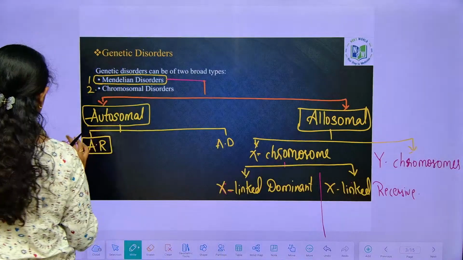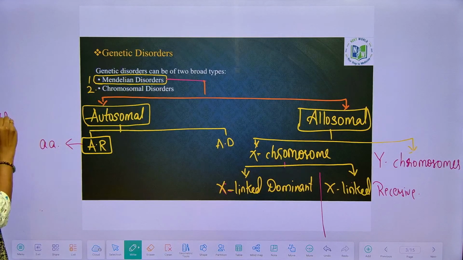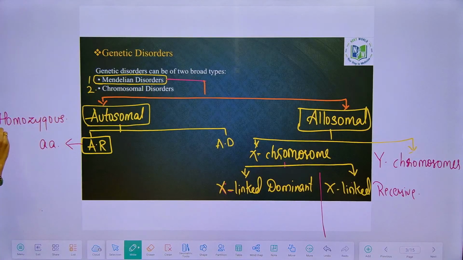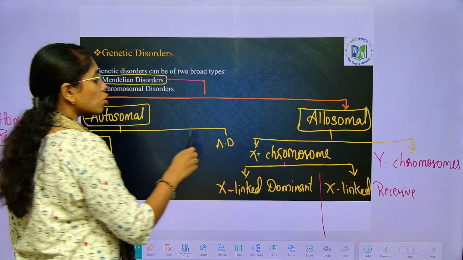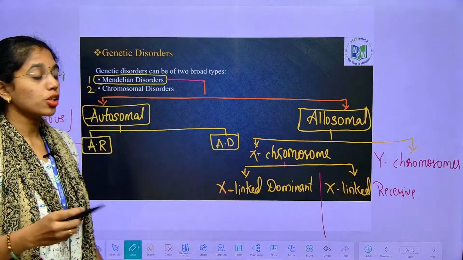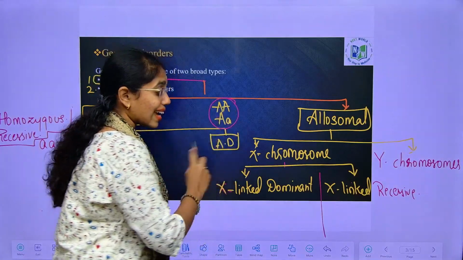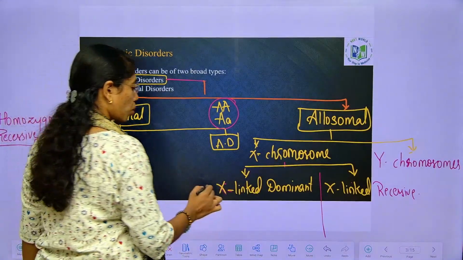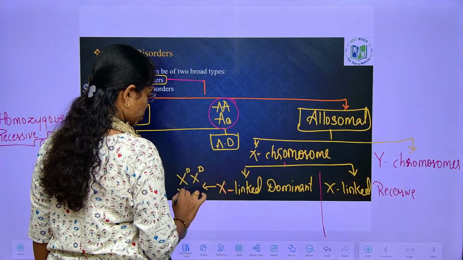So autosomal recessive diseases you will observe only in the homozygous recessive condition. Autosomal dominant diseases are exhibited in both homozygous dominant and heterozygous conditions. The same is the case with X-linked disorders. X-linked dominant disorders you can see both in the homozygous and in the heterozygous condition.